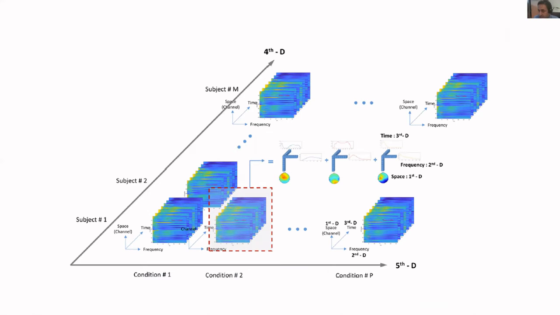If we add two more dimensions, as in our case, with the number of subjects as the 4th dimension and the number of conditions, we had basically 8 conditions: the 4 post-drug and the 4 pre-drug.